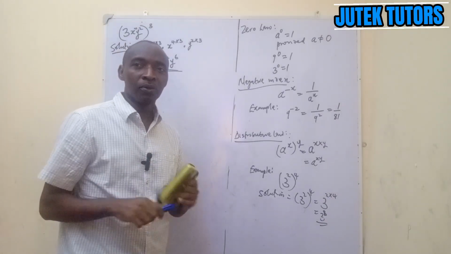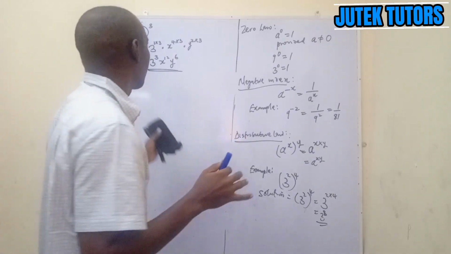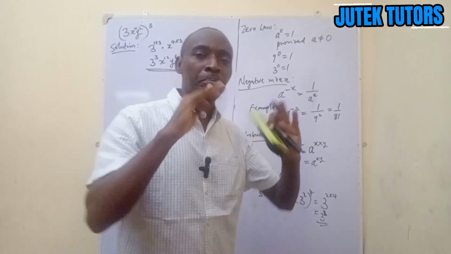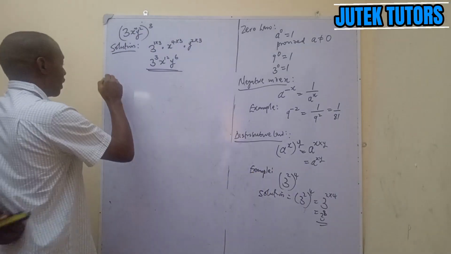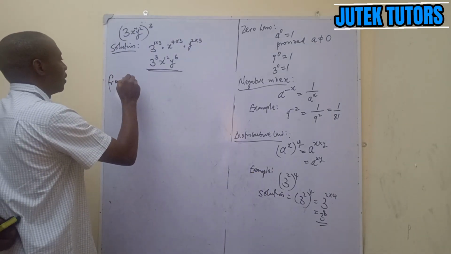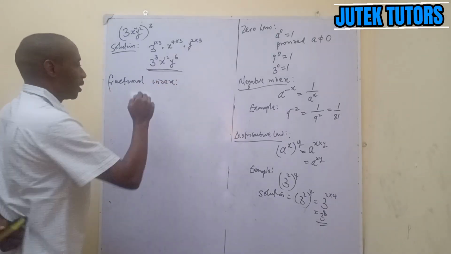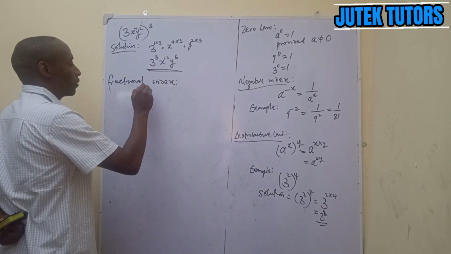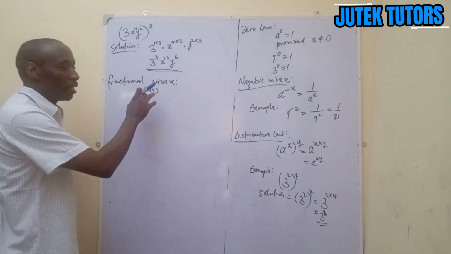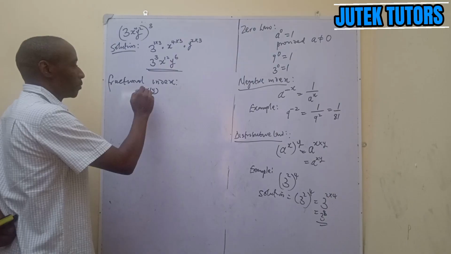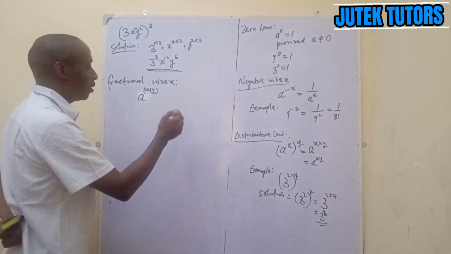So let's look at fractional indices. Fractional indices is an index where the power has a fraction. If you have a raised to the power x over y, you can see that the power is x all over y, while the base is a.